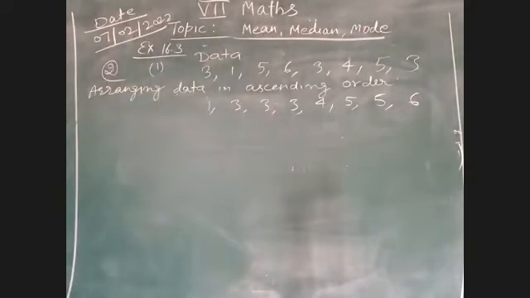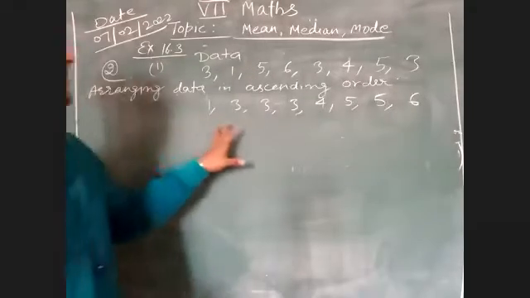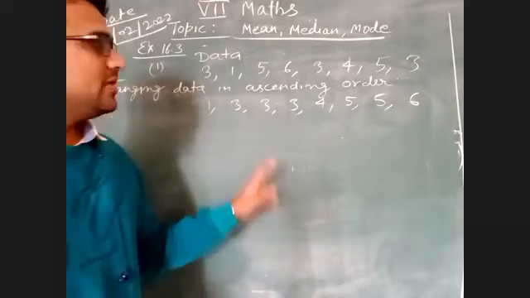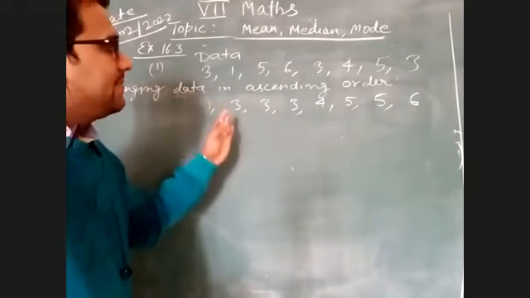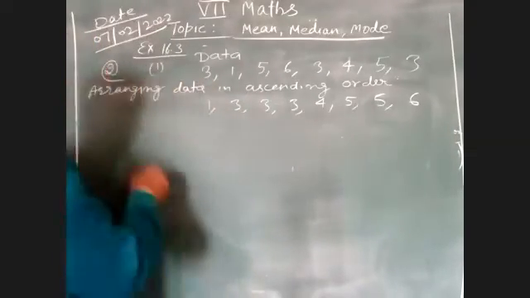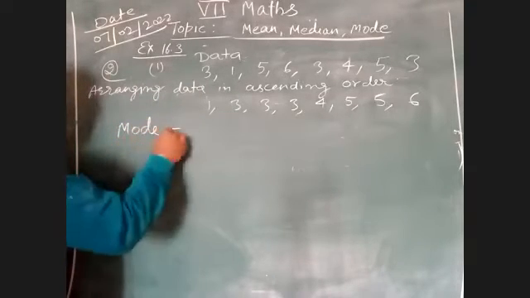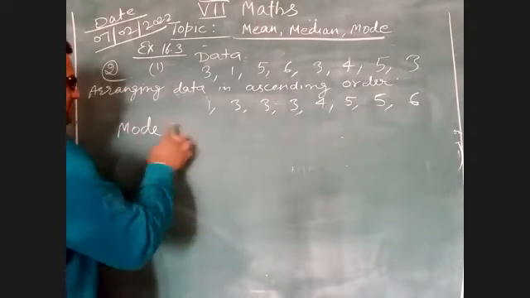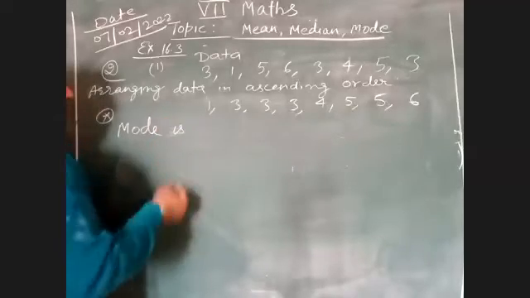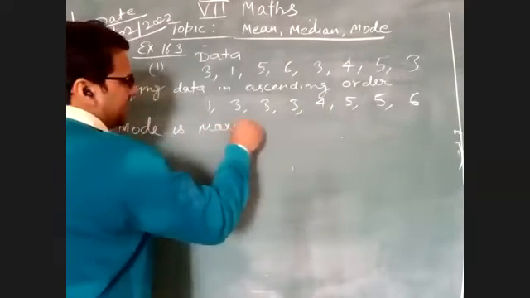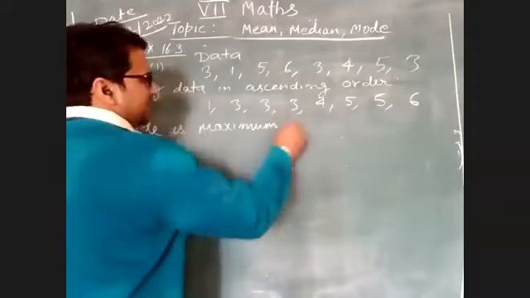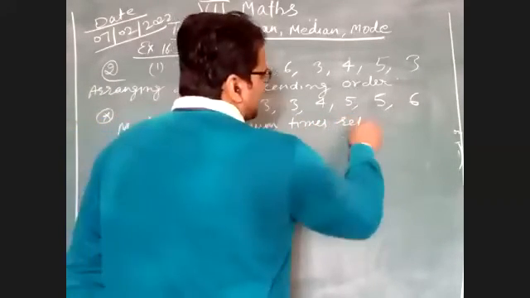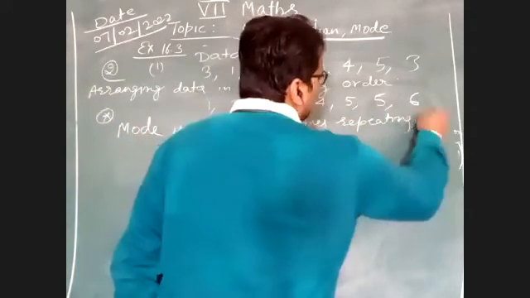And first of all, we have to find the mode of this data. What will be the mode? From this question, mode can be easily calculated. You have to observe which value is repeating the maximum times. If you analyze the definition, mode is the maximum times repeating value.